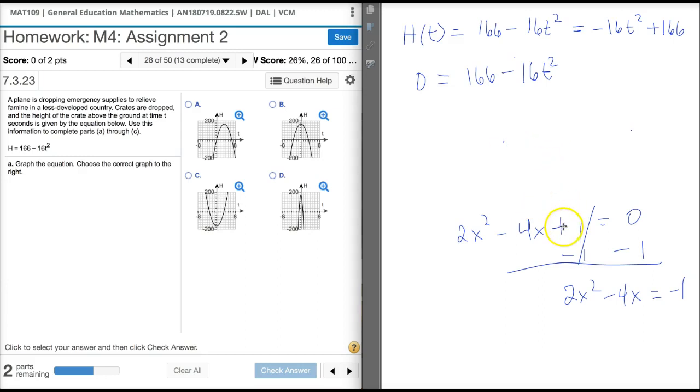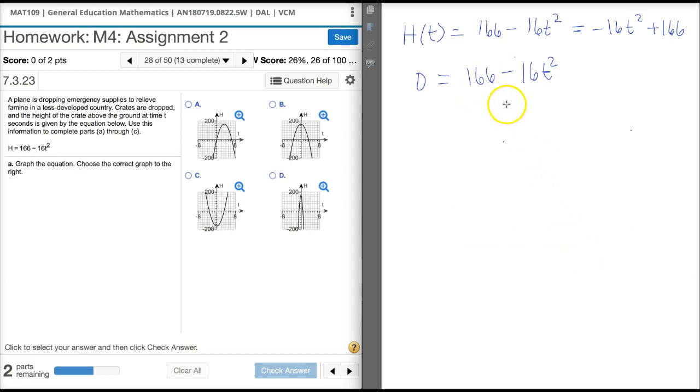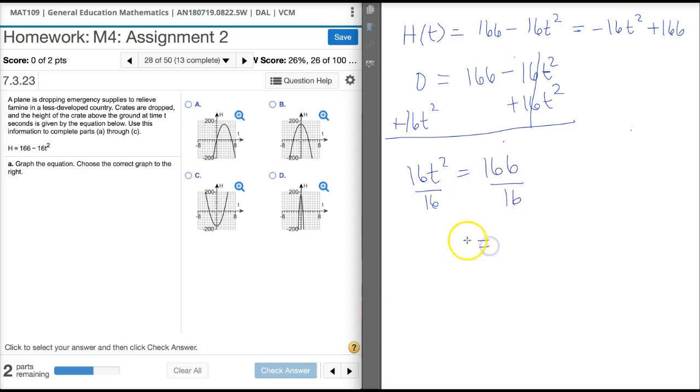All right, so let's get rid of all this and finish. So here, in this case, I'm going to add 16t squared to both sides. That goes to 0. This is 16t squared equals 166. And here I can divide both sides by 16.